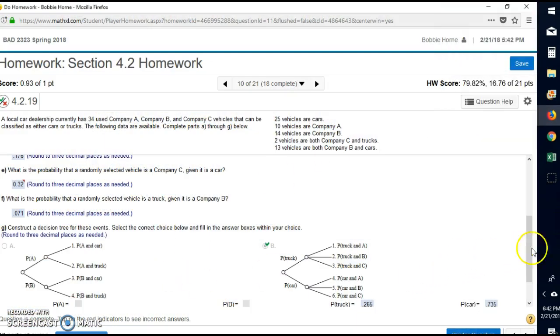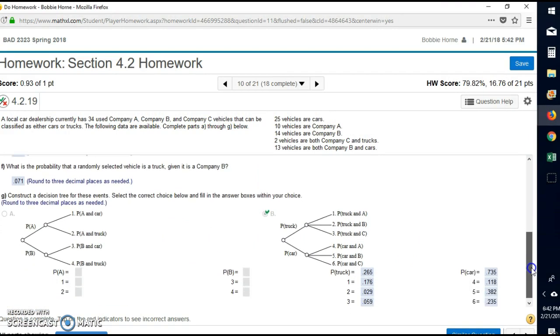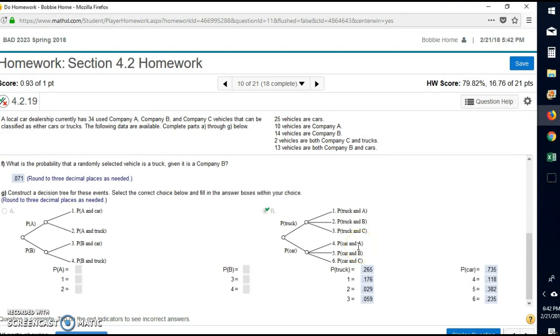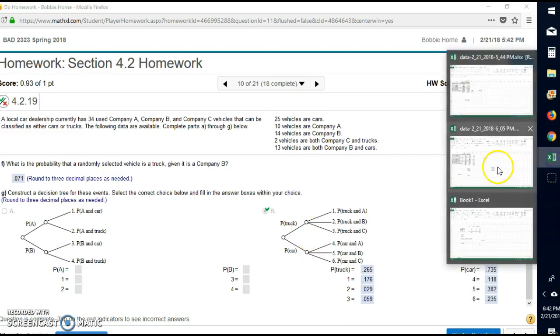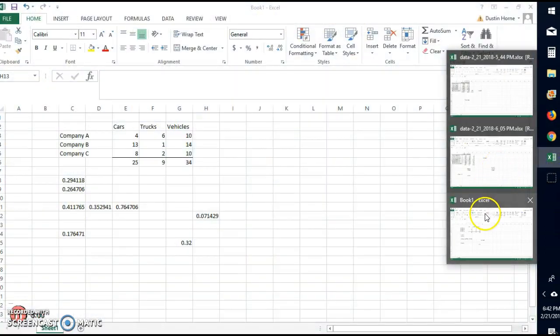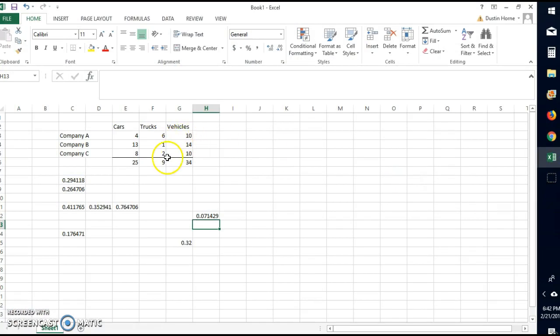Okay. And then it says construct a decision tree for these events. The probability that it is a truck, the probability that it's a car. I just went through here and used my truck and A. The probability that it is a truck is 9 out of 34.